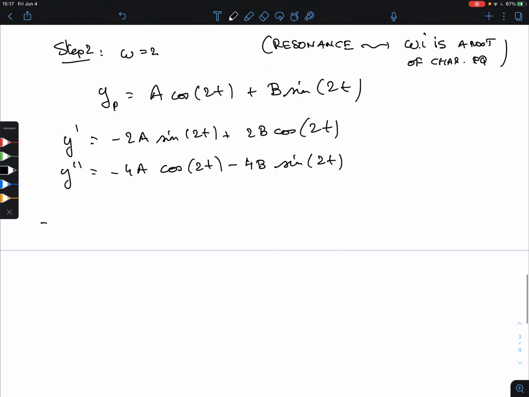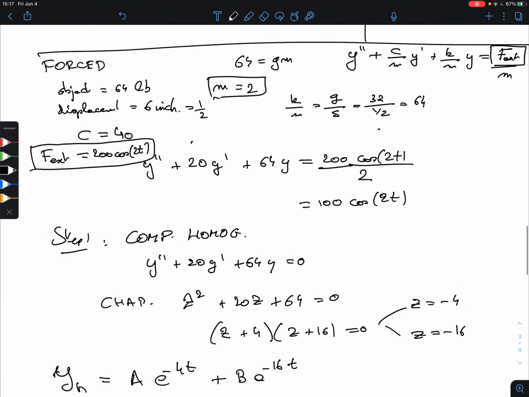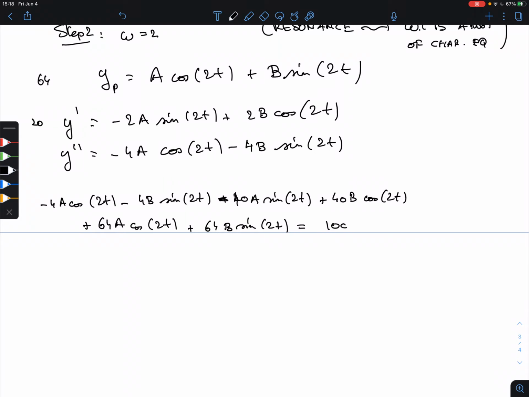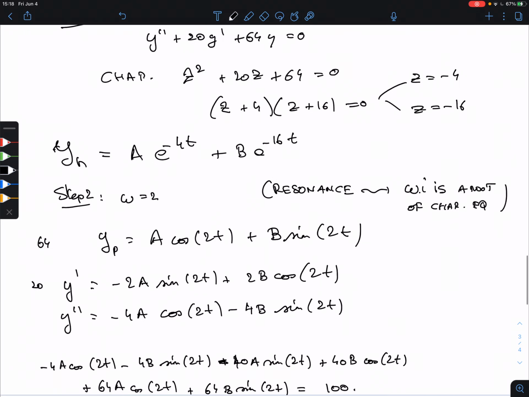Okay, so minus 4a cosine 2t minus 4b sine 2t, and then plus 20 times y prime, so this is minus 40a sine 2t plus 40b cosine 2t. I'm going to already expand the 20. And then we had to do 64 times y, so that is plus 64a cosine 2t plus 64b sine 2t. And all this has to be equal to 100 cosine 2t.